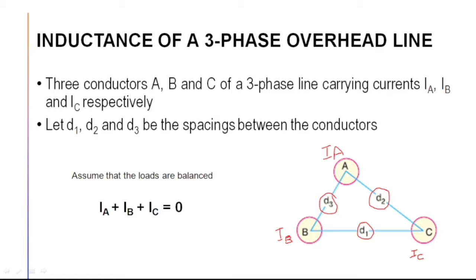These are the conductors. This is conductor A, this is conductor B, conductor C. These all are the transmission lines, overhead lines. That means the system is a three-phase overhead line.